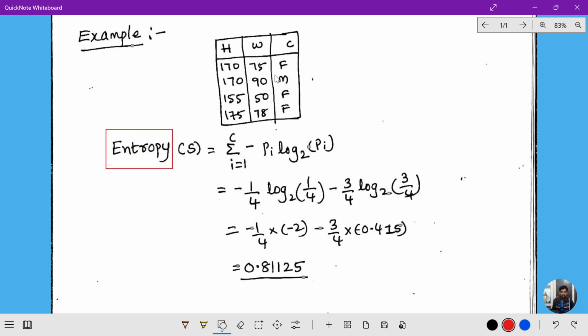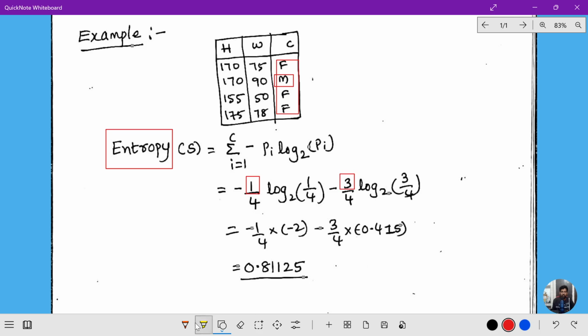Here there is one male and three females. How many males are there? 1 male. How many females are there? 3 females.